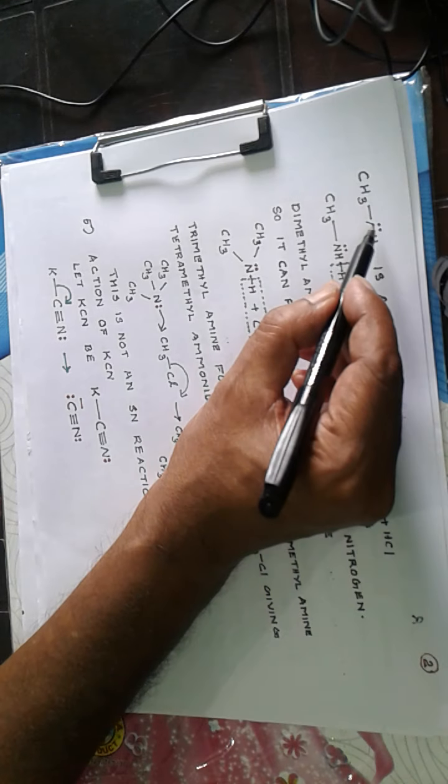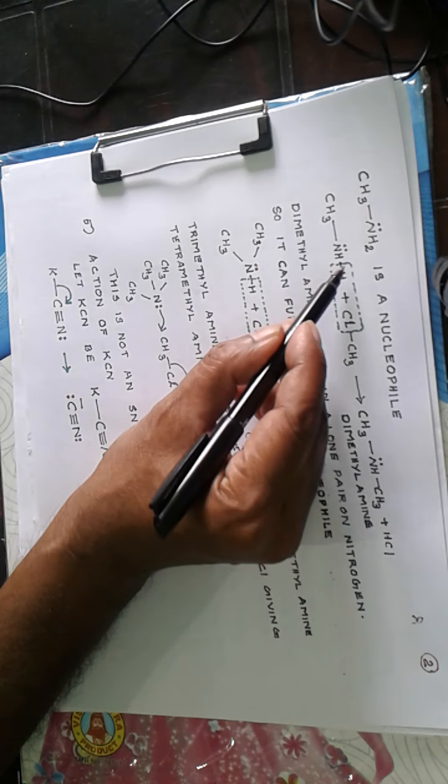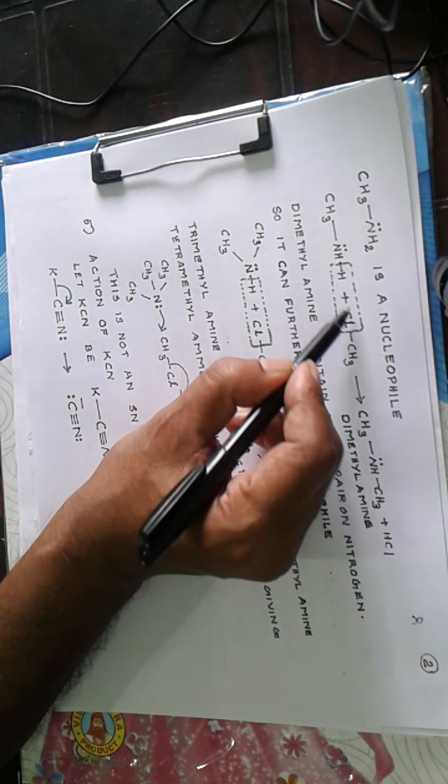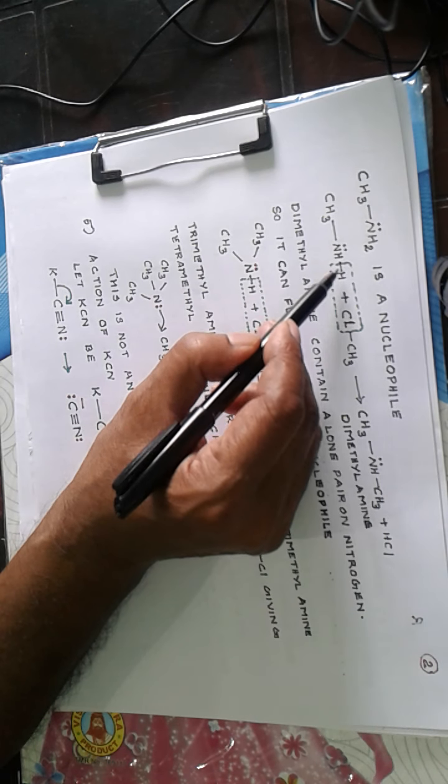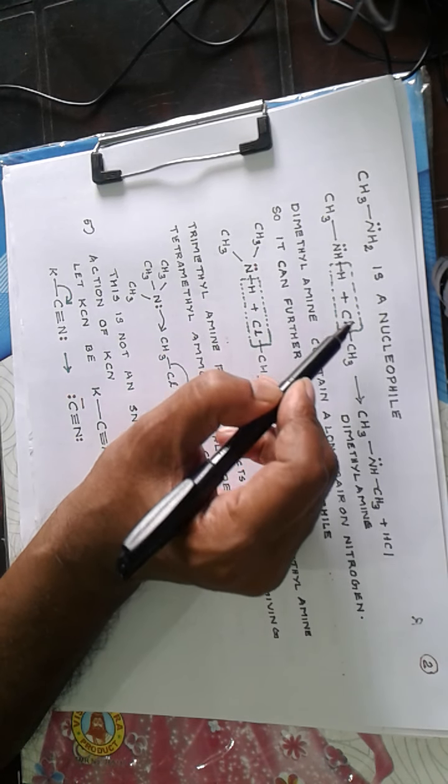Now CH3NH2, where nitrogen possesses a lone pair, can act as a nucleophile, and if the alkyl halide is in excess, then one more HCl molecule may be removed from the CH3NH2 part and the CH3Cl part.